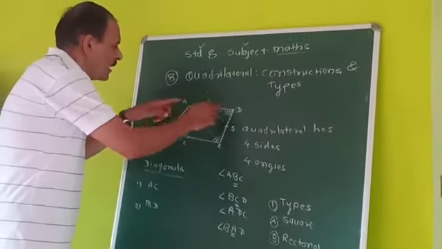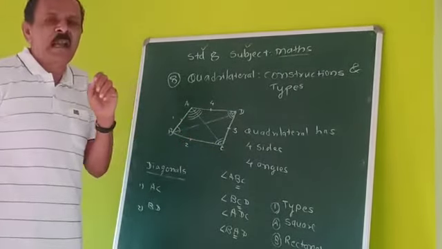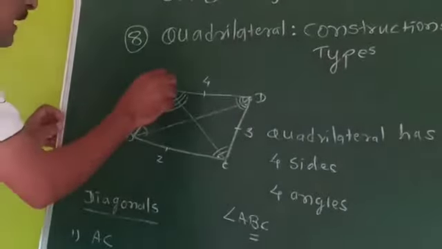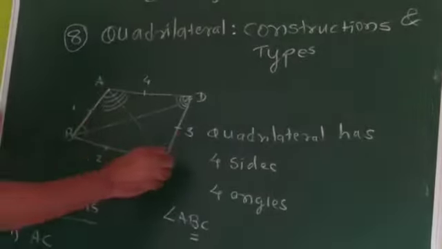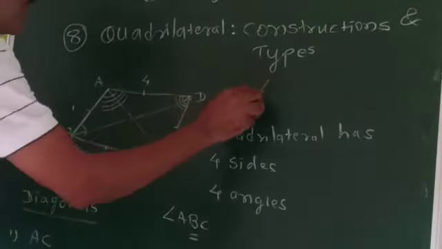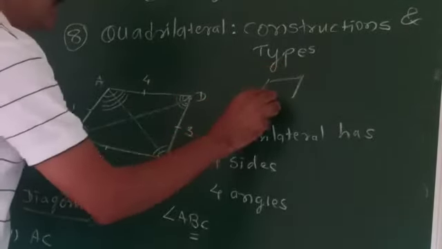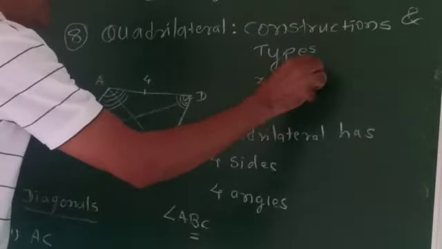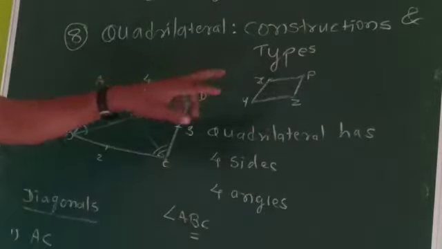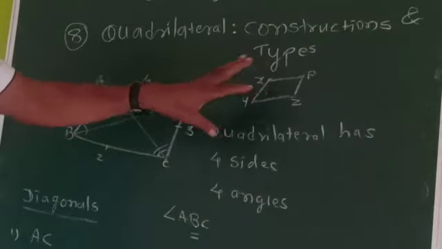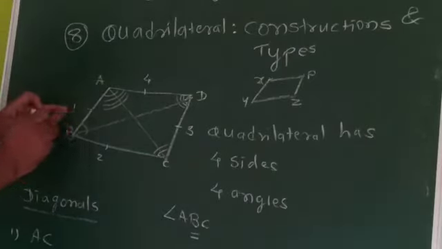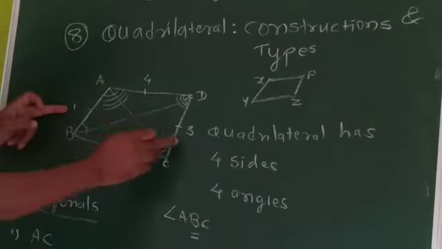See, I have drawn a figure of a quadrilateral here. Quadrilateral ABCD. We can draw one more, XYZP. This is a quadrilateral. So a quadrilateral has how many sides, Tanish? 4 sides.